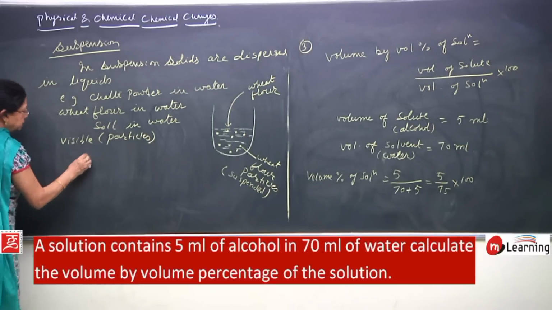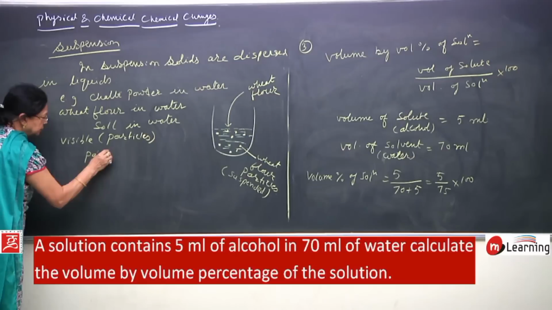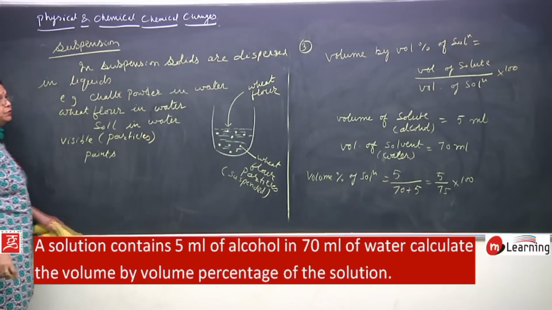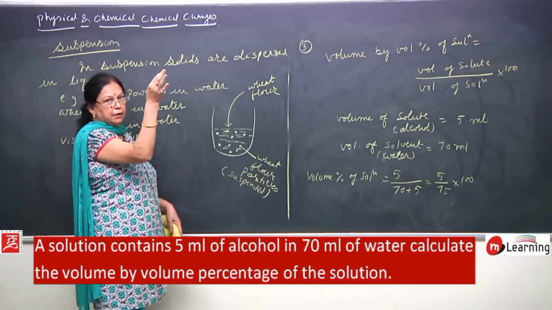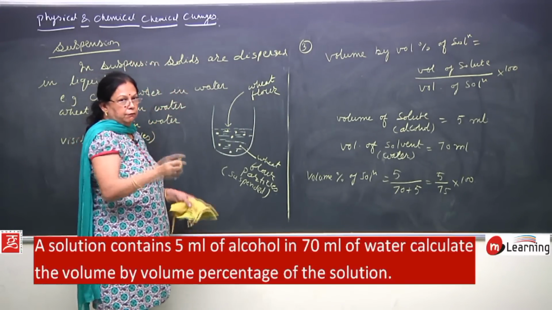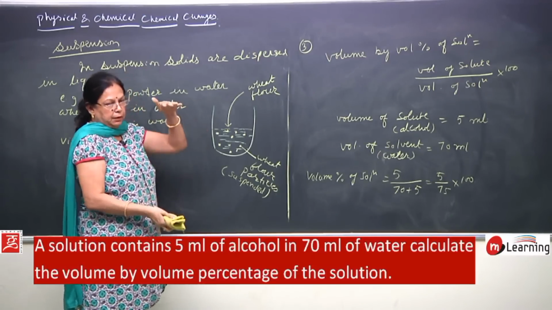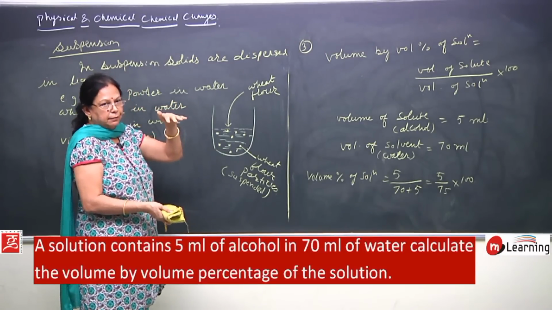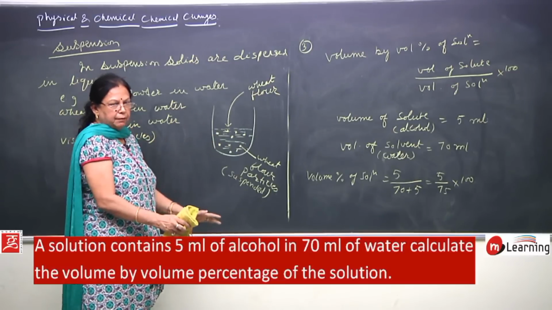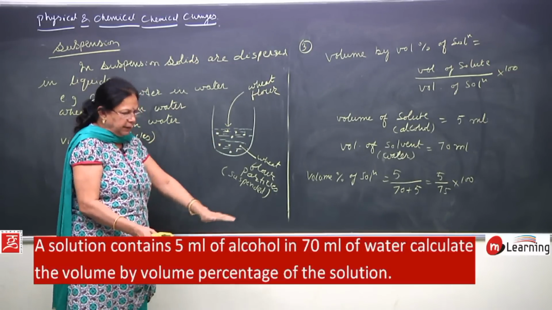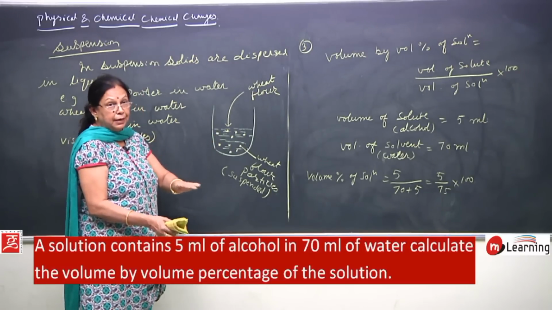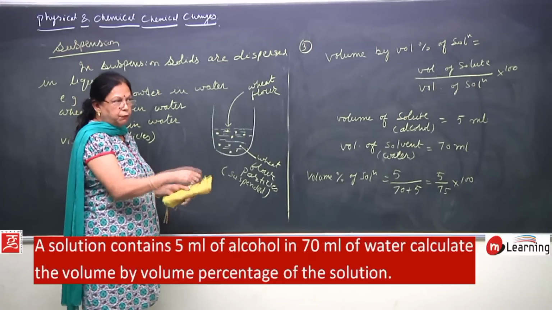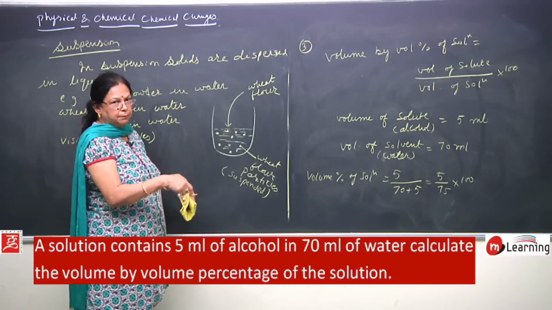Another example is paint. Paints which we use for painting the walls. When you bring that paint in a container and keep it for some time, you will see that many particles are suspended in the liquid. Before painting, what does that person do?